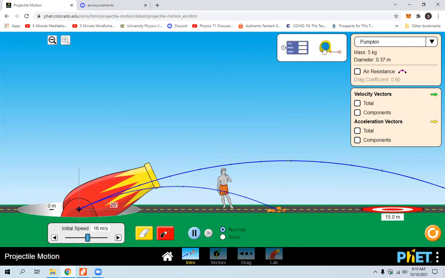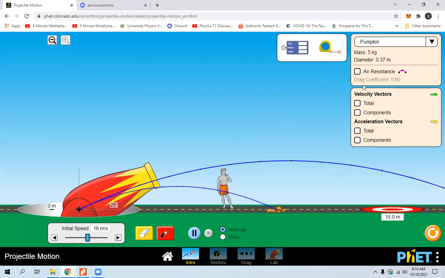Pwede rin kayong mag-measure ng distance. So let's say from here, gusto ko i-measure yung range nitong maliit. Pwede kong i-drag around itong tape measure ko to get a range of 9.25 meters, more or less.